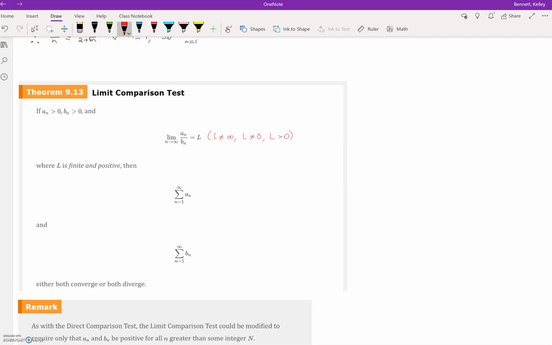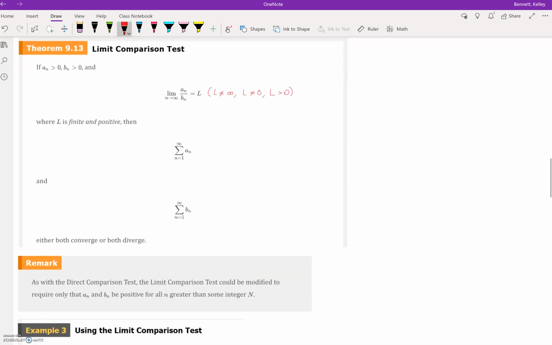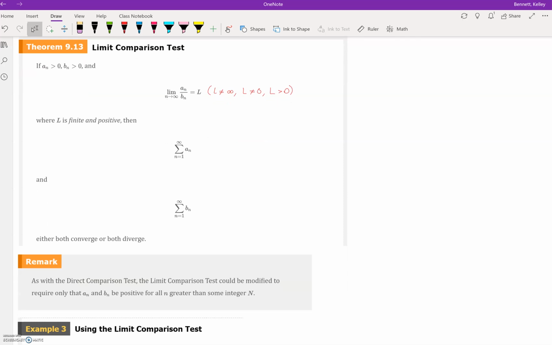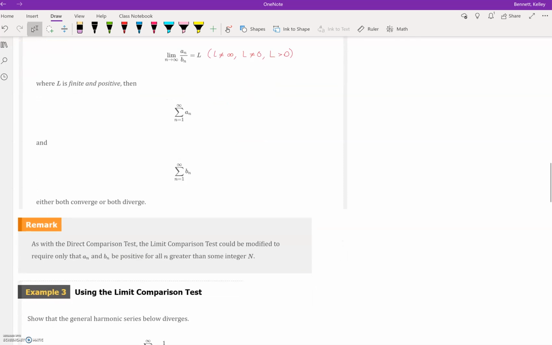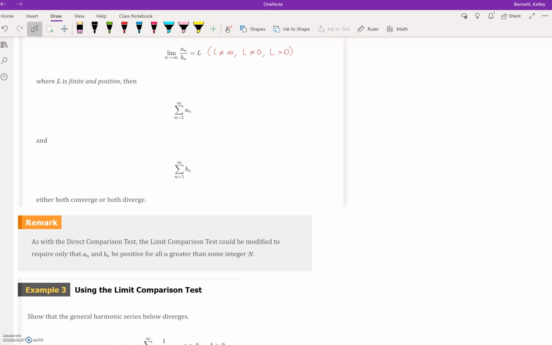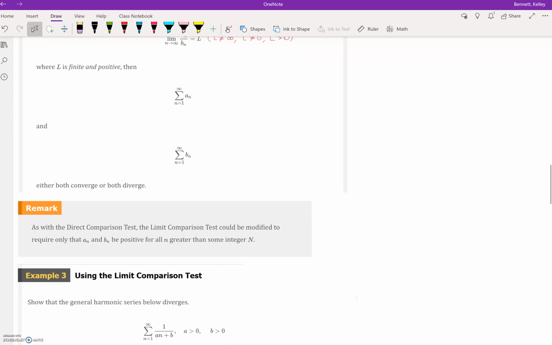So the trick here is choosing the second series carefully. So just like before, this doesn't have to be true for every term in the series. It just has to be true for all terms past a certain point, right? So maybe it's true for all n larger than 100 or n larger than 4 or all n larger than 3 trillion.